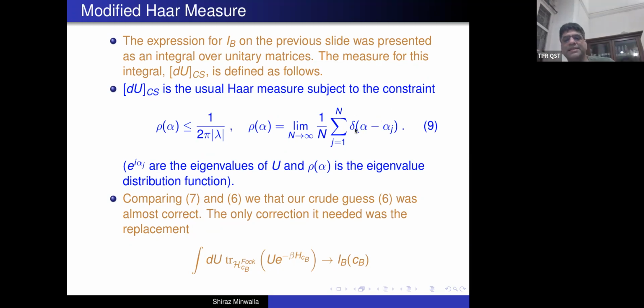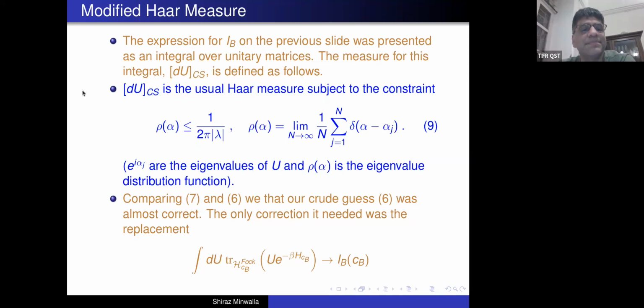Rho of alpha is simply a sum over delta functions at the locations of all the eigenvalues, divided by N. Now, in the large N limit, this funny looking discrete sum of delta functions becomes a continuous function. This is as usual. And this continuous function can take sort of any positive value anywhere in alpha space, alpha being between 0 and 2 pi.